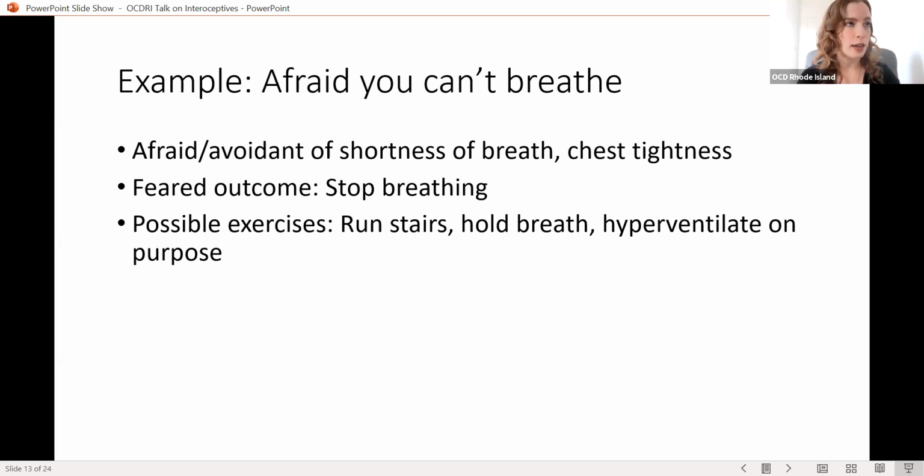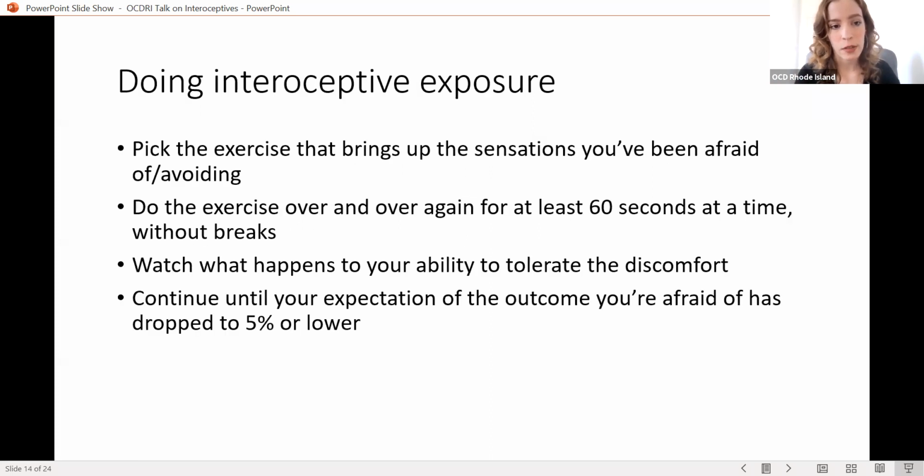The idea would be that you could get to a place where you realized feeling out of breath isn't the same thing as actually stopping breathing, so that you could stop avoiding things like exercise or taking the stairs and start becoming comfortable with the natural range and fluctuation of your respiratory system as you go about your life. I would, like I said, ask you to predict how likely it is that you would stop breathing. That's as a percentage, like 1 to 100.